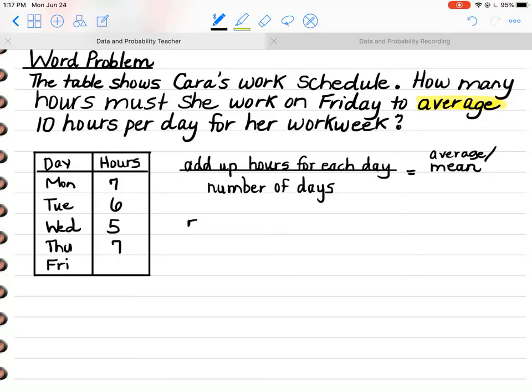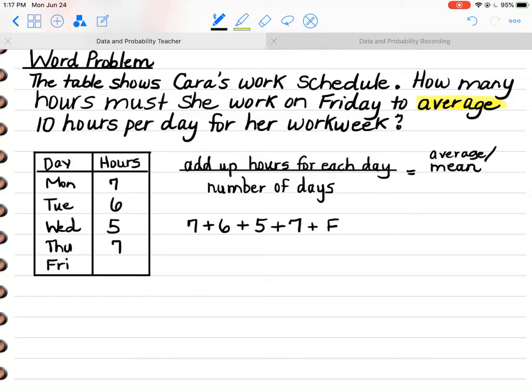So Monday is 7, Tuesday is 6, Wednesday is 5, Thursday is 7, but remember we also have Friday. So we have to include that. We can't just pretend that Friday doesn't exist. We have to include that.